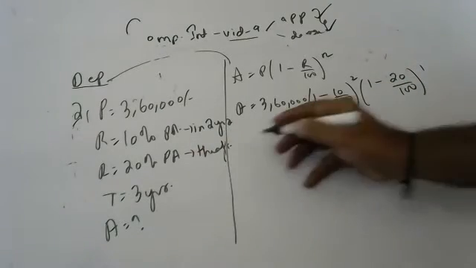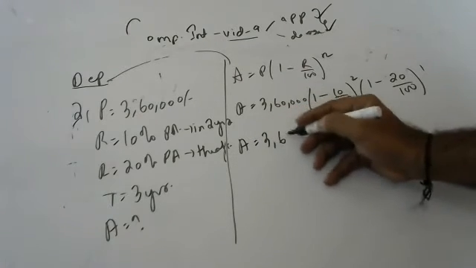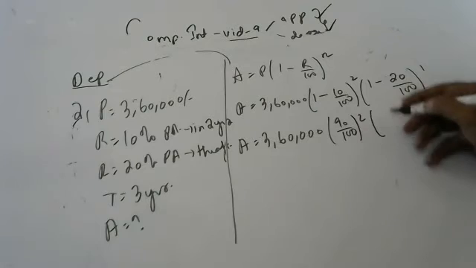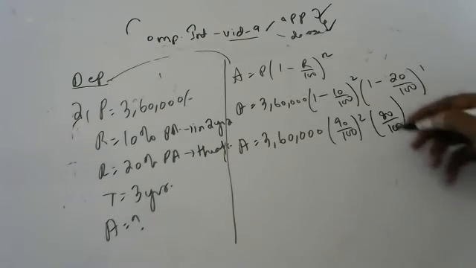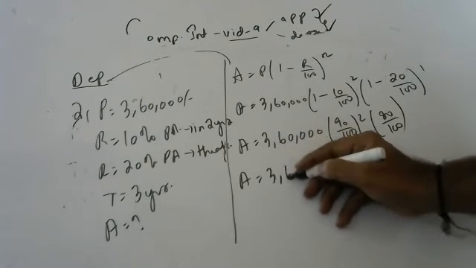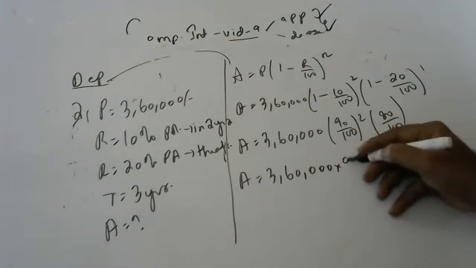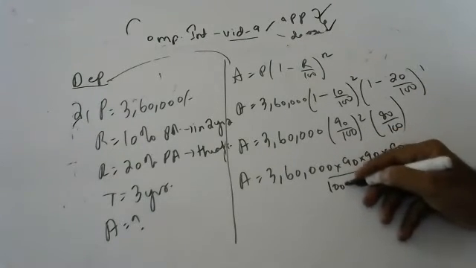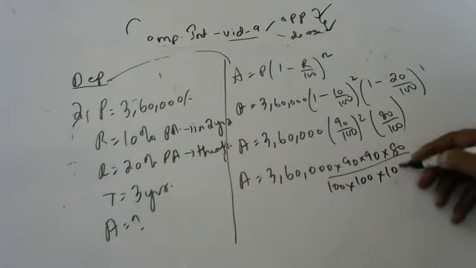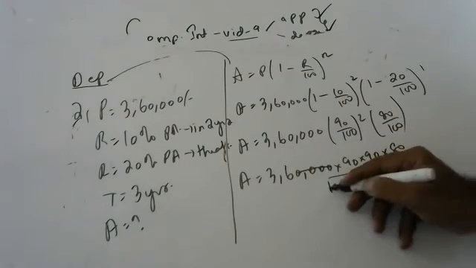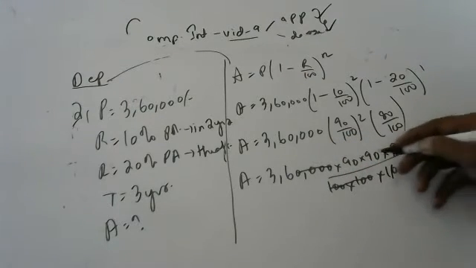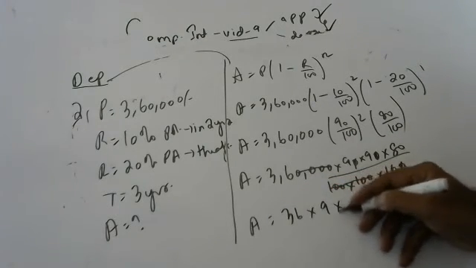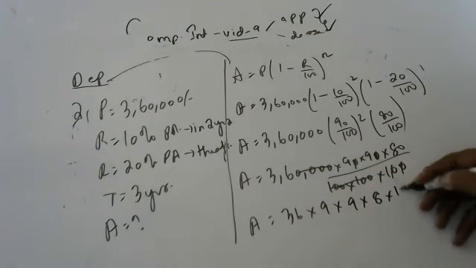Next year is 20%. 3,60,000 into 90 by 100 whole to the power of 2 into 80 by 100. So 36 into 9 into 9 into 8 into 10.